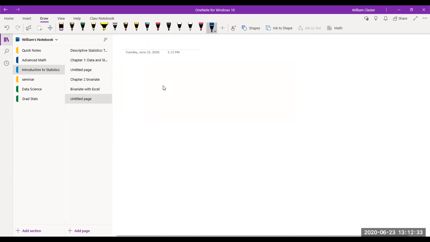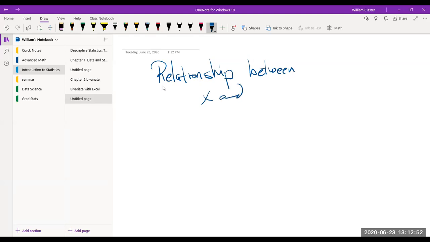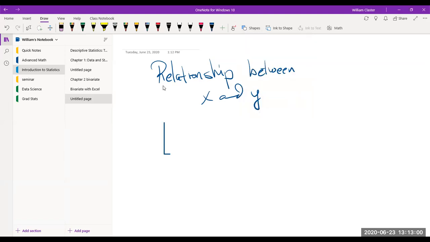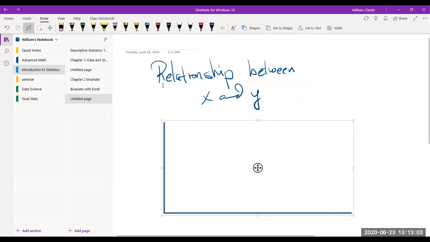Let's see. So let's just talk about what we mean by this word, relationship. Basically, what I mean by relationship between X and Y is something like this.